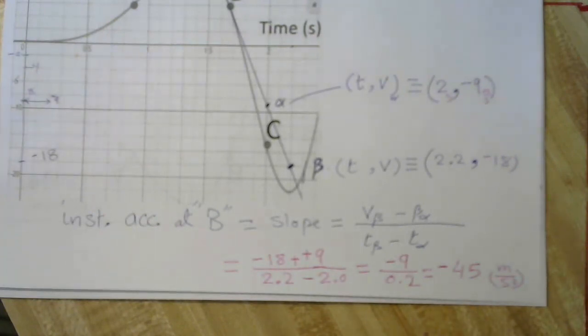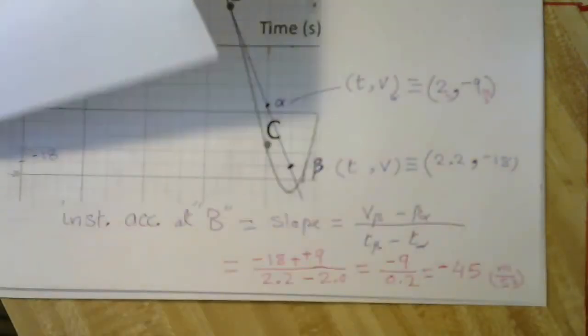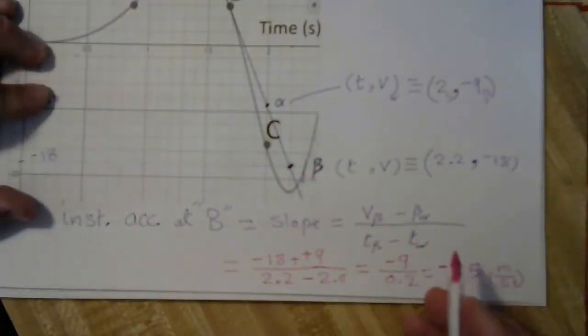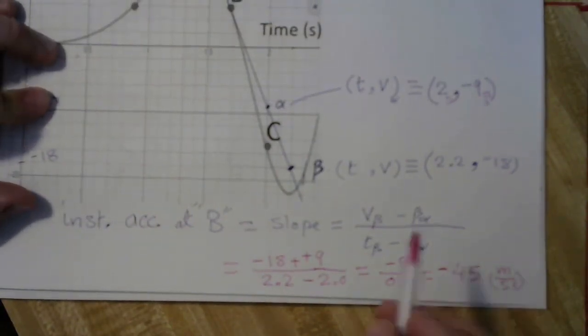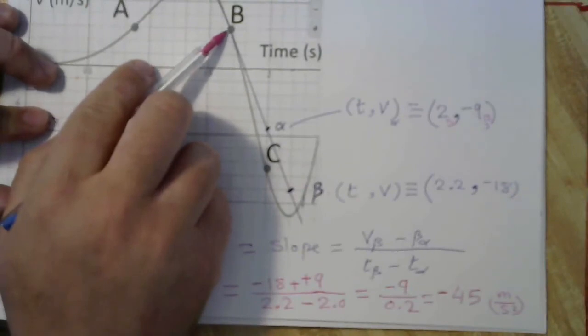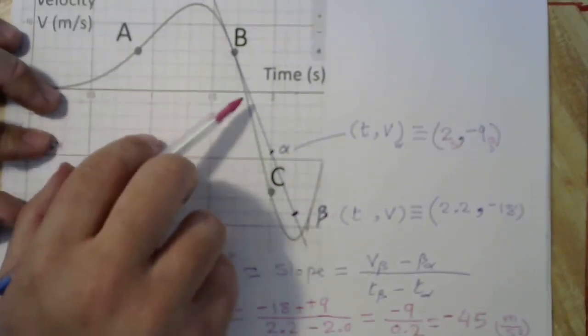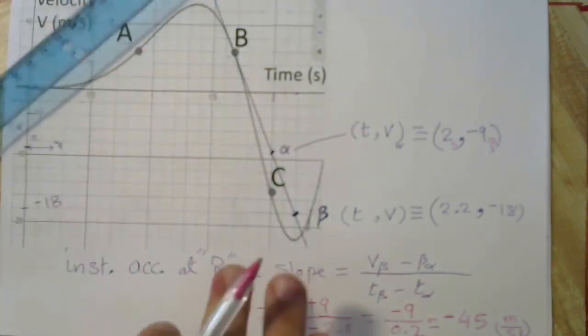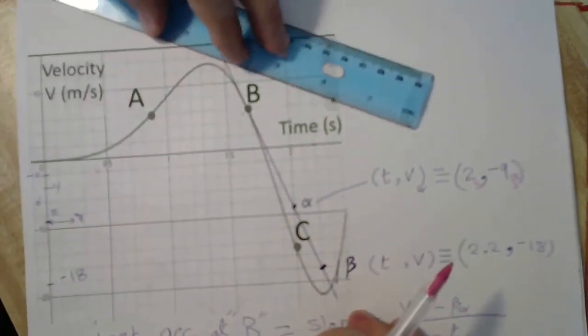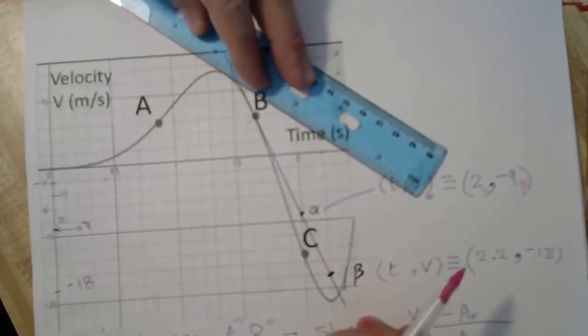Look, the negative sign means that the velocity at this point is decreasing. Okay, what if I take the acceleration at this point?